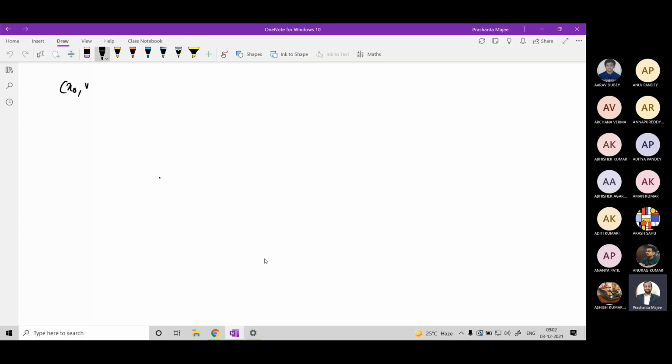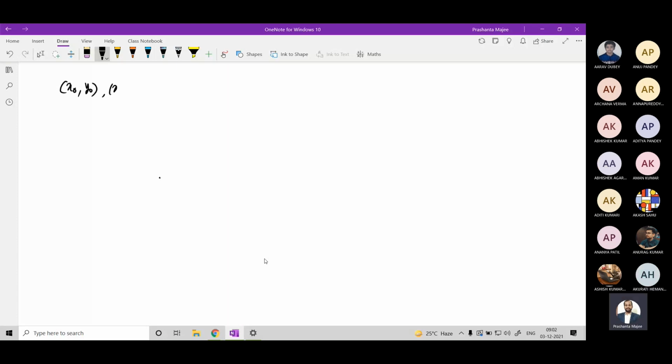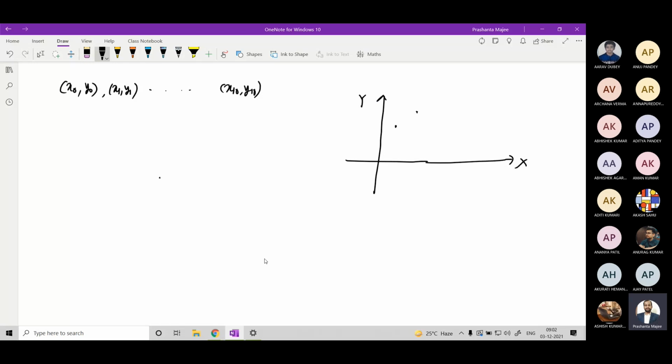Suppose the data points are x0, y0, x1, y1, up to let's say x10, y10, so 11 data points we have collected. If you plot the data points in 2 dimensions, this side is the x-axis, this side is the y-axis, and these are the data points.